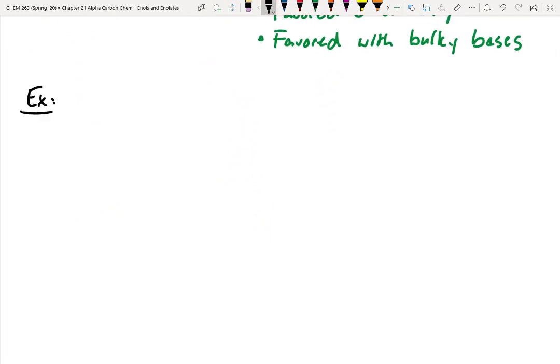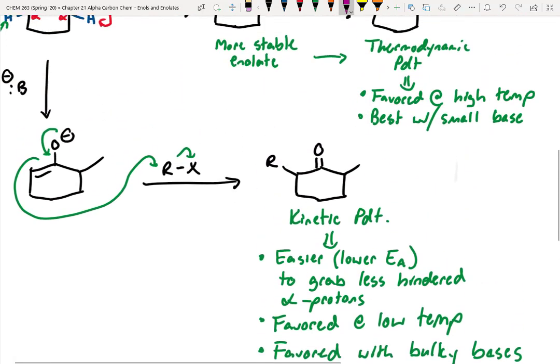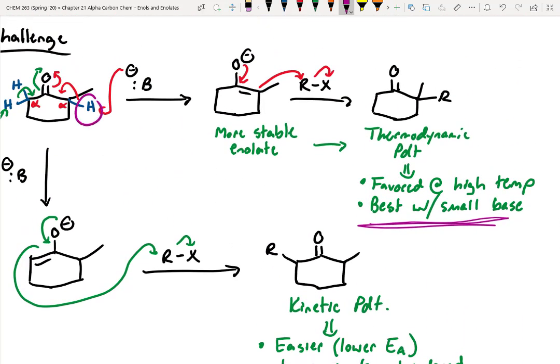In this example, I'll use the exact same starting materials, and our goal is to favor the formation of our more substituted enolate, resulting in this R group coming off of the more hindered carbon. Like I said up here, this is going to be best with a small base. A small base is going to have an easier time grabbing that more hindered proton.